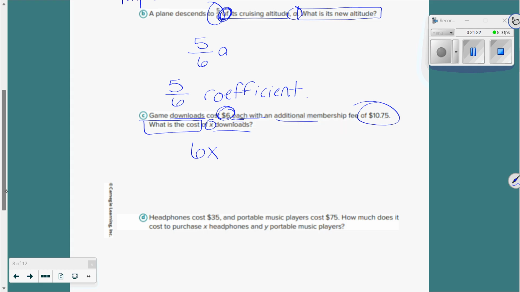Somebody other than the person who already answered. Yes, because it says additional means to add. So what is our coefficient in this expression? 6.